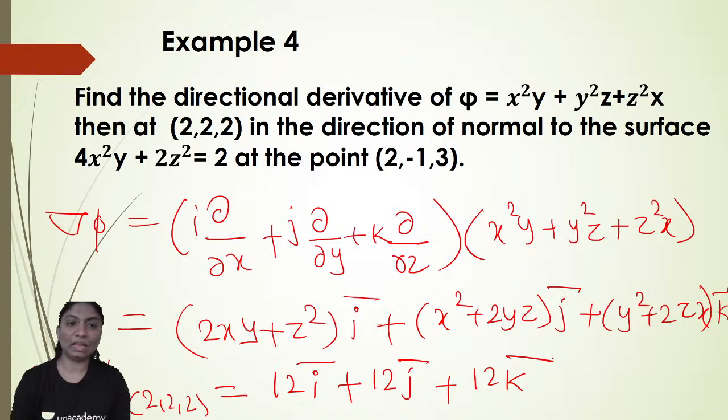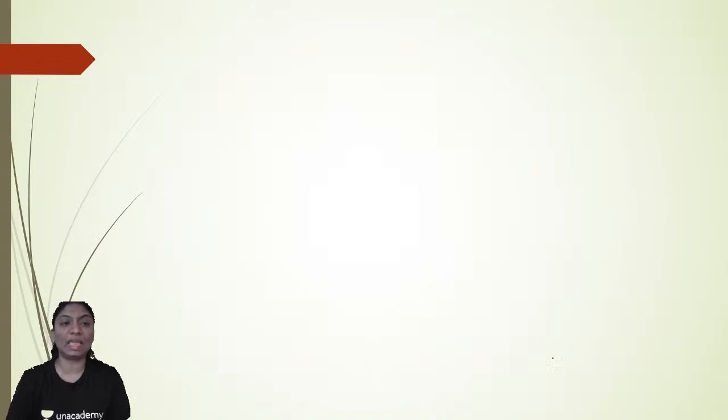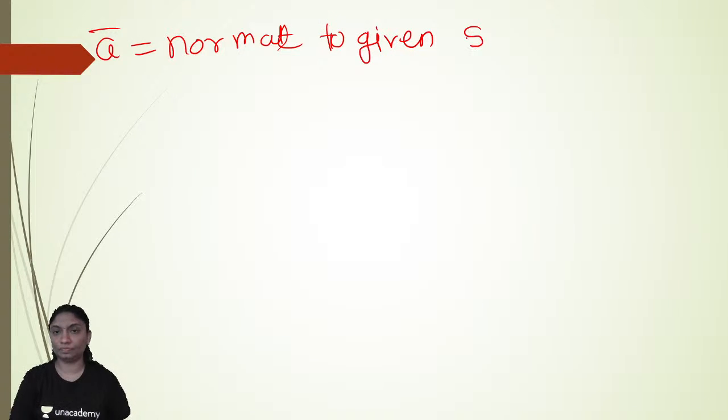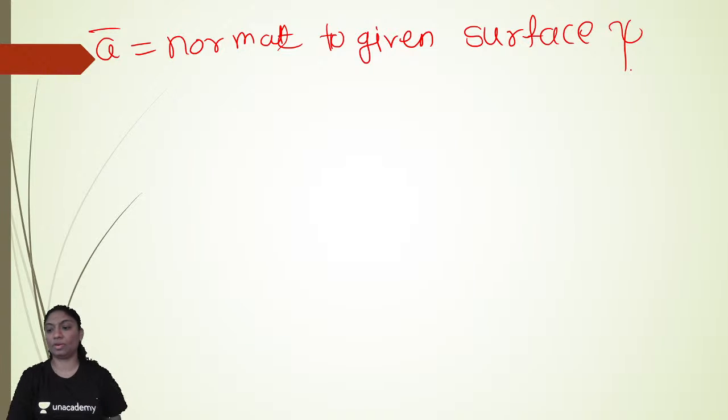Okay. Now we will calculate vector a bar, but vector a bar is nothing but the normal to the given surface psi. So a bar is equal to del psi.